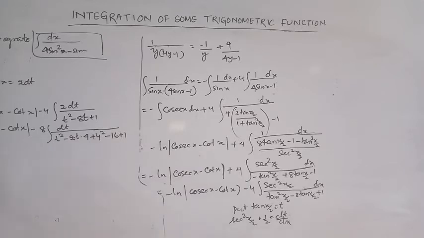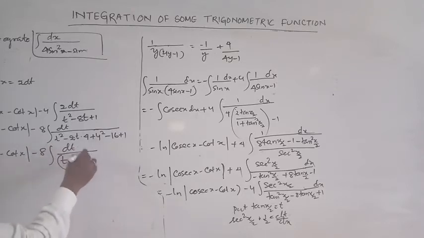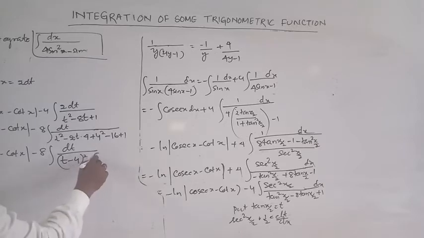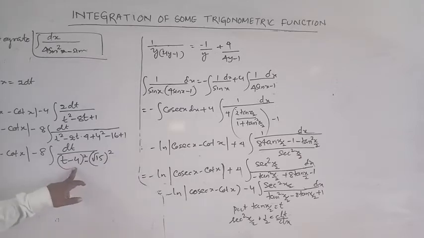Now this is equal to minus log of cosec x minus cot x minus 8 into integration dt by t minus 4 whole square minus, minus 15 means minus root 15 whole square. This is x square minus a square form.